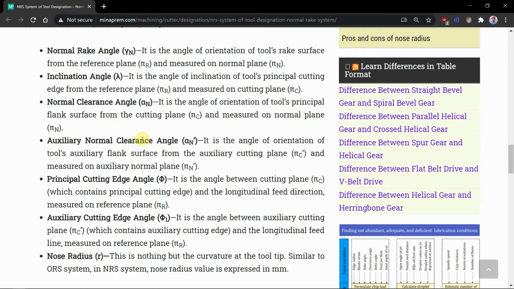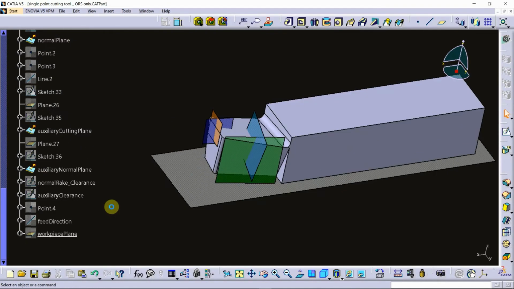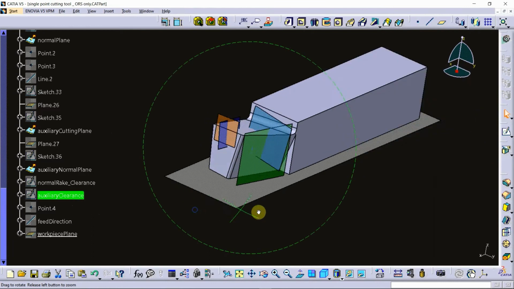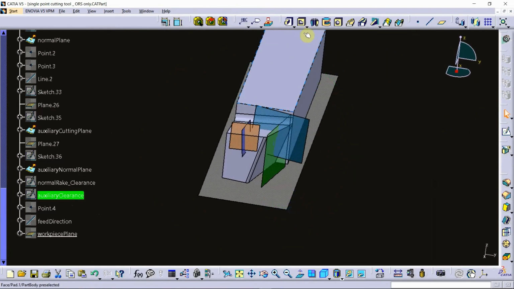Auxiliary normal clearance angle. It is the angle of orientation of the tool's auxiliary flank surface from the auxiliary cutting plane, and it is measured on the auxiliary normal plane. So this is all auxiliary. So let's see. I am going to cut the tool in such a way.